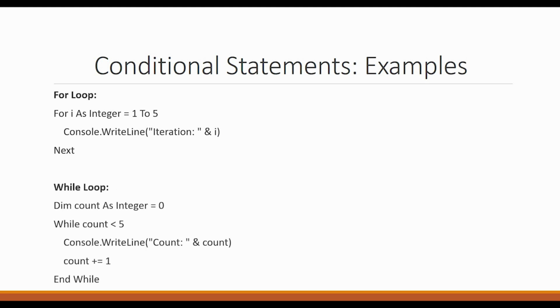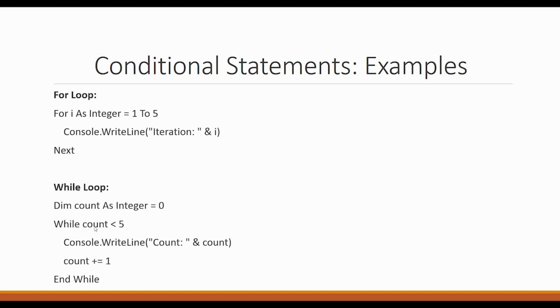Then we come to the while loop. With the while loop, we are saying that we test the condition, then we loop. So as long as the condition is met, we are going to loop the code. All right. So here too, we declare the counter variable as integer and assign it 0.